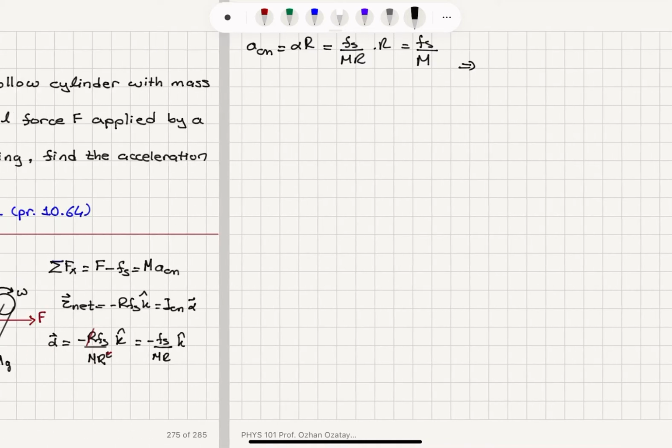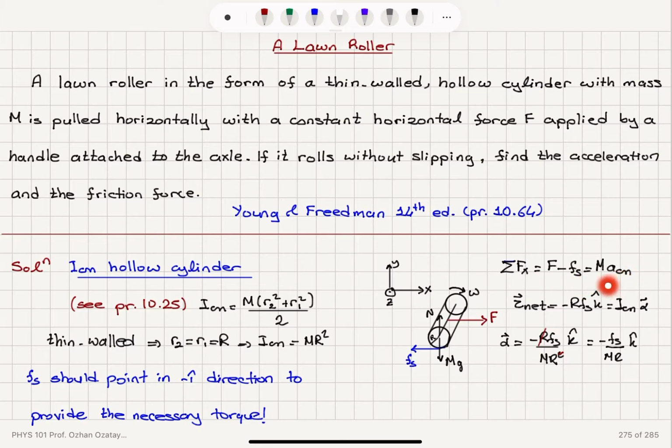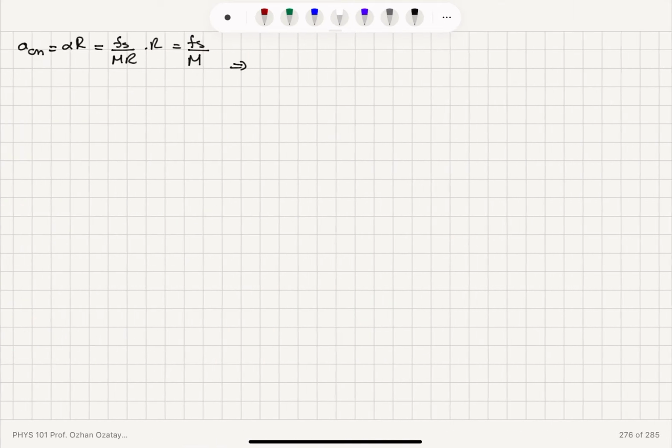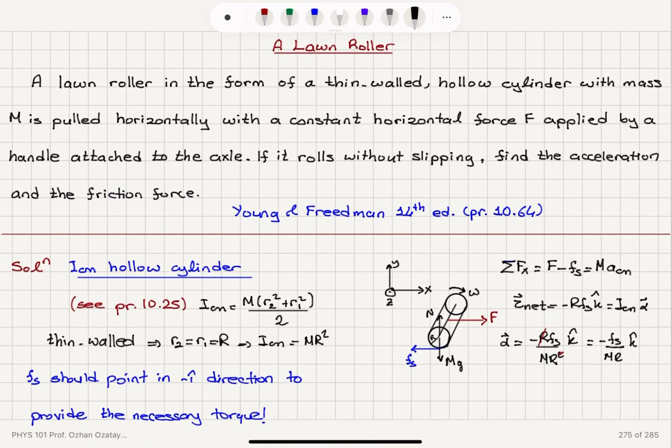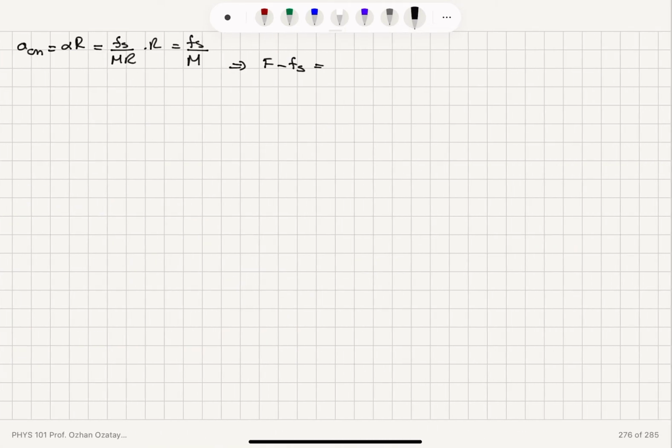So if we go to the x component of the forces, Newton's second law applied to the translational motion, we see that F minus Fs is equal to mass times center of mass acceleration, which is Fs over M. So these M's will cancel, and we will obtain F is equal to 2Fs, or the static friction force is equal to capital F divided by 2.